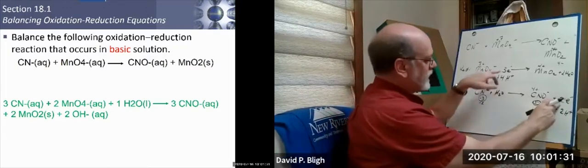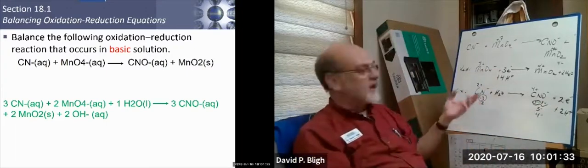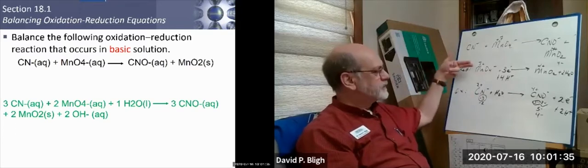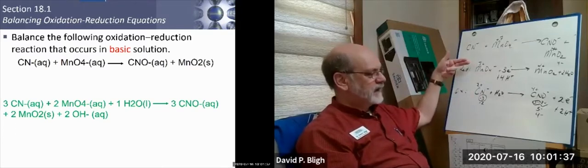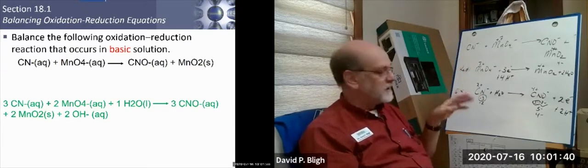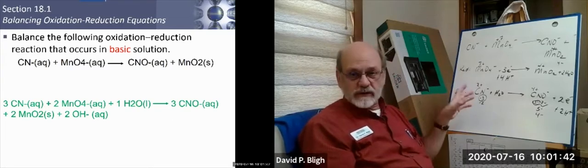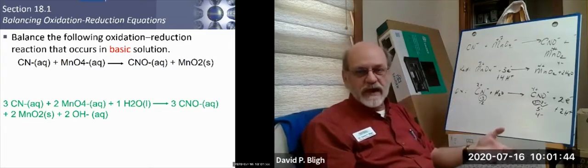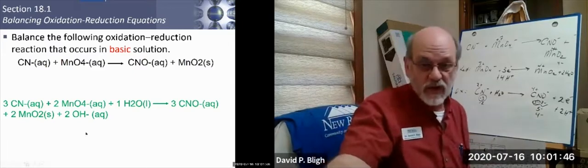We've got an odd and an even, so that means cross multiply: 3 times this one, 2 times that one. Then once we get to the balanced equation in hydrogens, you just neutralize them with hydroxyls, and this is where you end up.